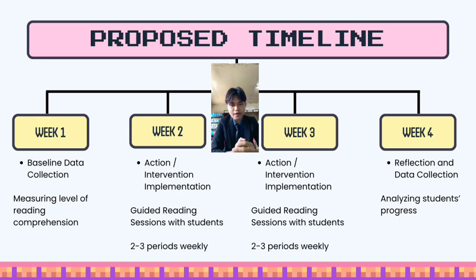And for the second and third week, that's where the intervention, the guided reading strategy implementation, will take place, where the researcher will use guided reading strategy for their session with 4 Cakal students.